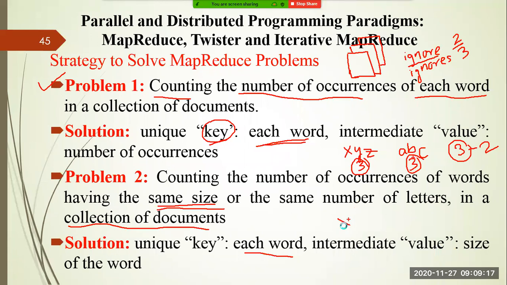Initially you will take XYZ is 3, ABC is 3, or you will take CD is 2. Initially you will take like this, then you will accumulate it, because you have to find the number of occurrences of words having the same size or same number of letters. That problem also can be solved using MapReduce.